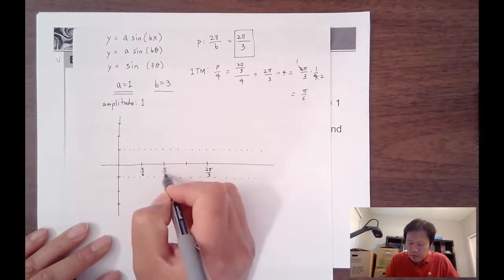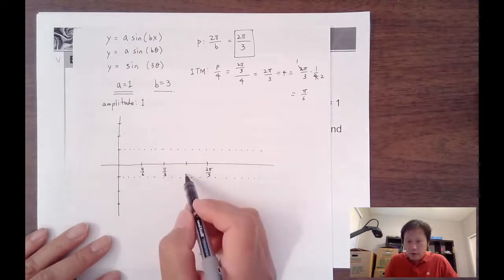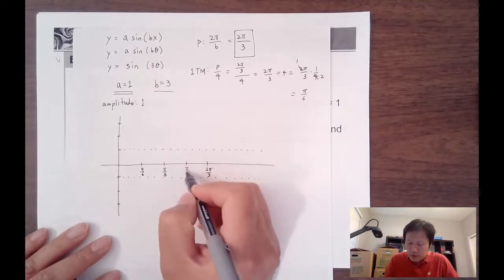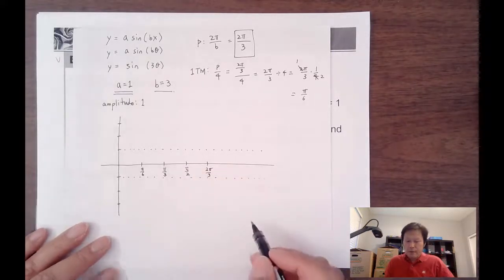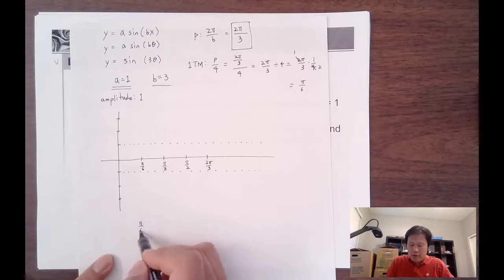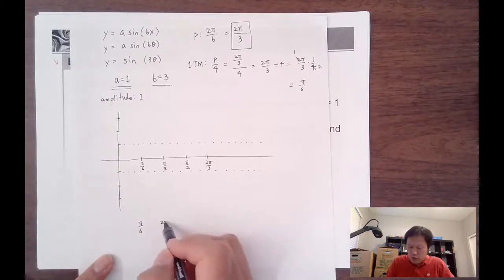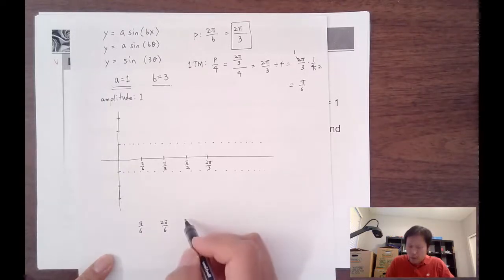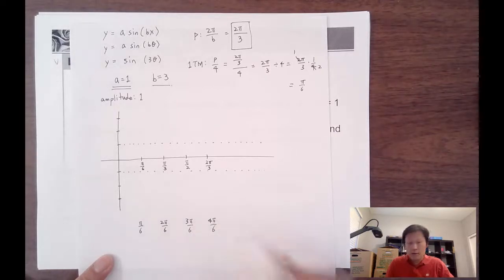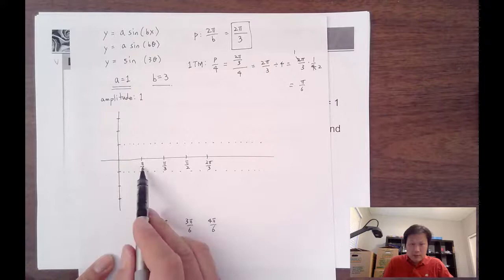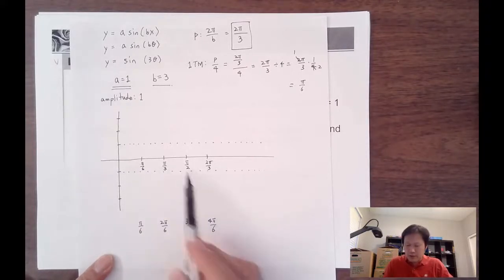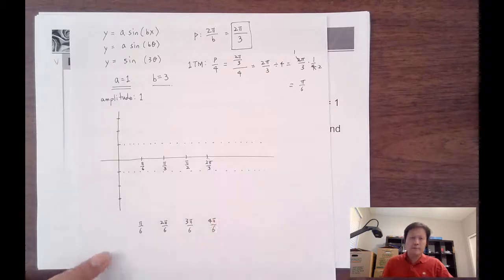Pi over 3. And 3 pi over 6 will be pi over 2. Again, if that's too much, 1 pi over 6, 2 pi over 6, 3 pi over 6, 4 pi over 6. Simplify each of these.